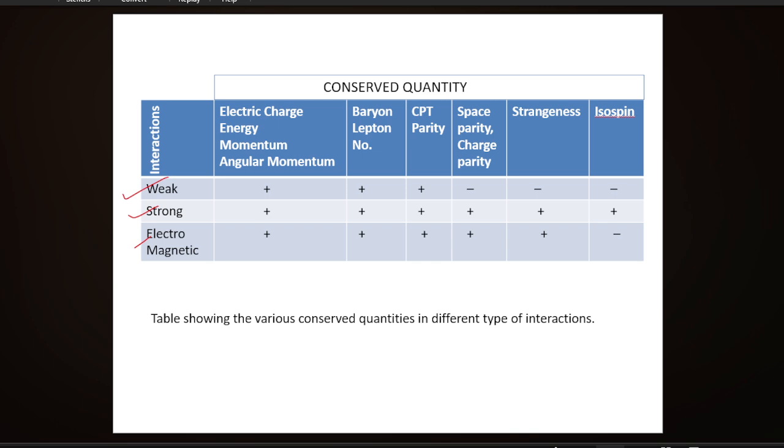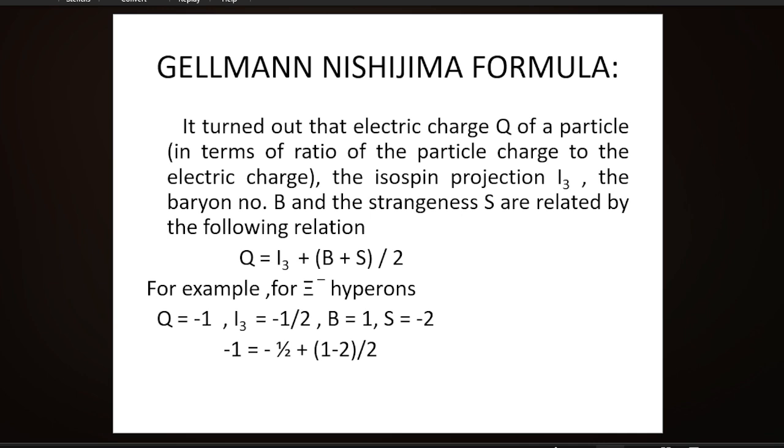In strong interactions, all the lepton number, baryon number, strangeness, all these numbers are conserved. In electromagnetic interaction, all things are conserved except isospin.